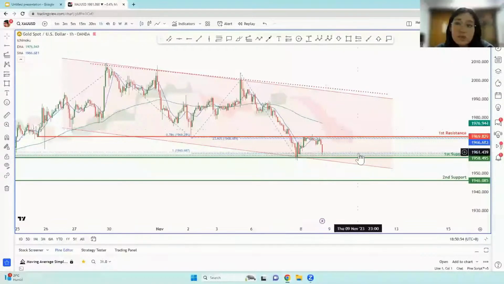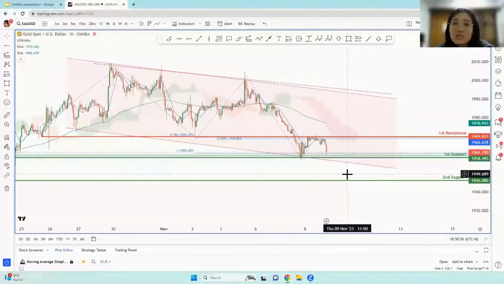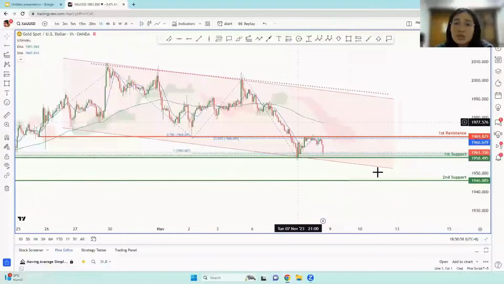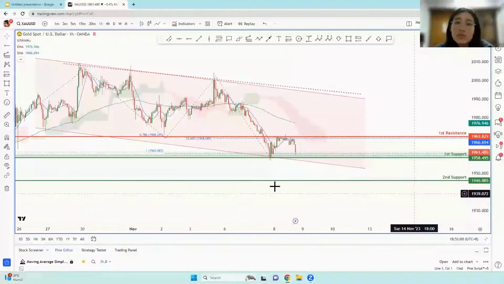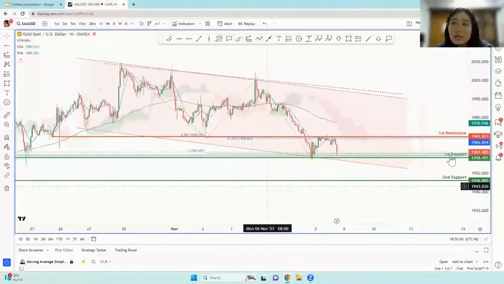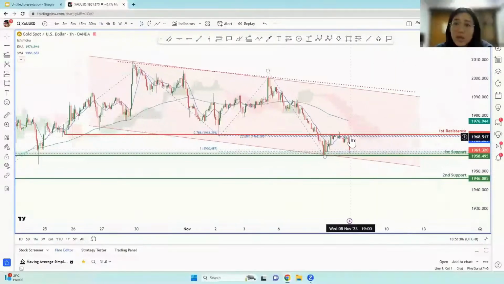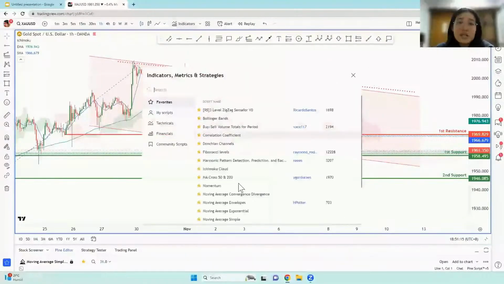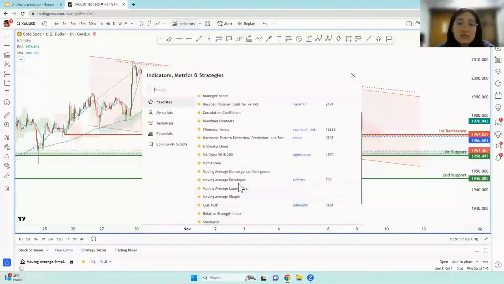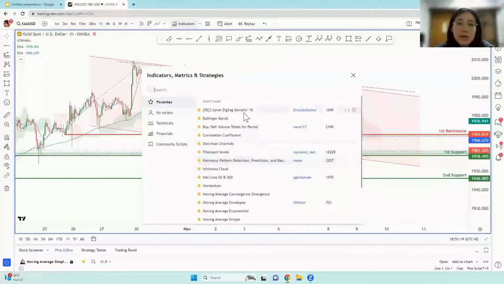Because they haven't crossed over each other, we can continue to expect that price is going to continue in this downtrend. But I will say that because there is a confluence area here at our first support, that's why you see price being attracted to this area. We could see a bit of resistance here and price reacting off of this area as well. So just keep that in mind.